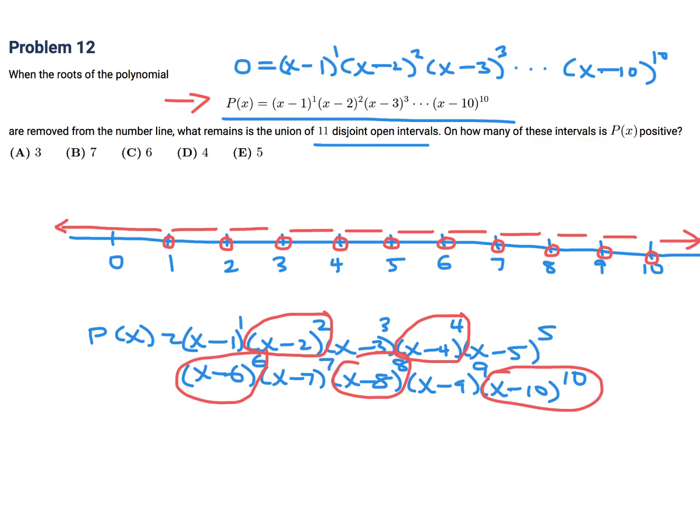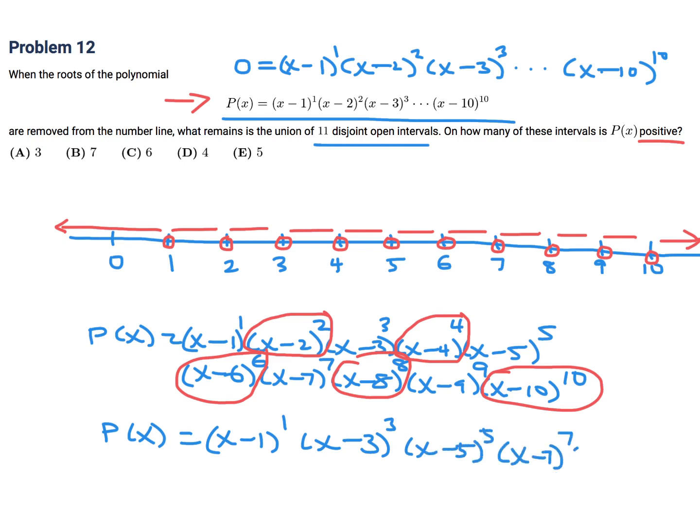Regardless, it'll always be positive. So what we really need to concentrate on is just the other stuff. So the x minus 1, the x minus 3, the x minus 5, the x minus 7, and the x minus 9. And that's it.